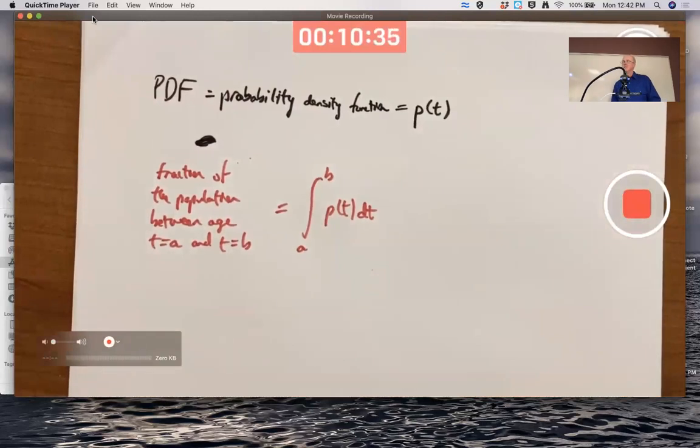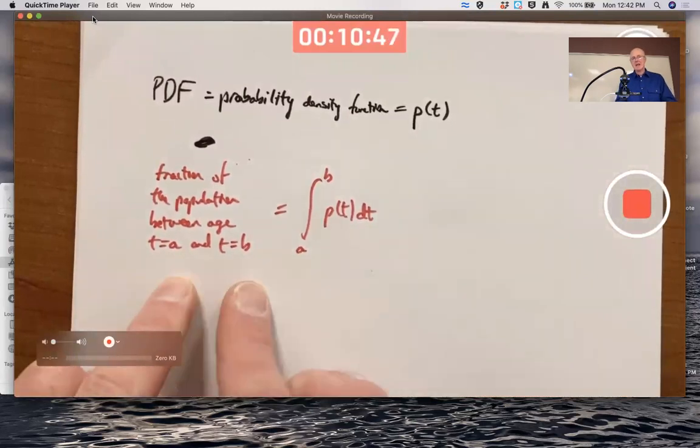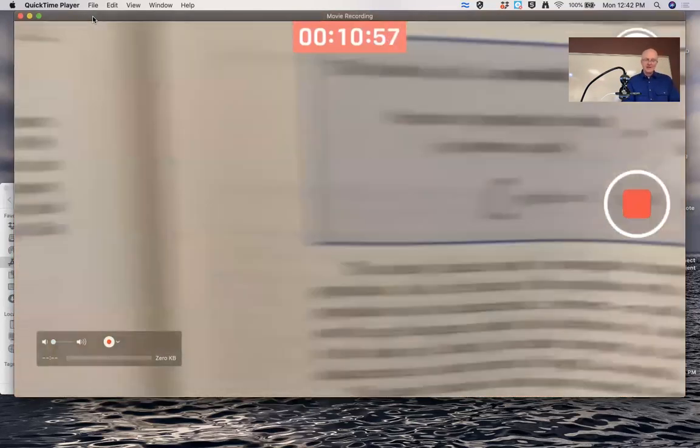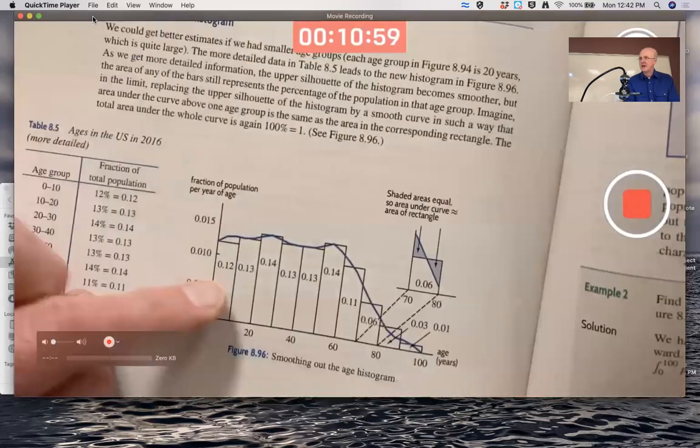That integral, if you've done your modeling well, is supposed to give you the fraction, the percentage of the population between age a and age b. Of course, a and b could be lots of different things. Analogous to how in these histograms, the areas give you the fraction of the population.